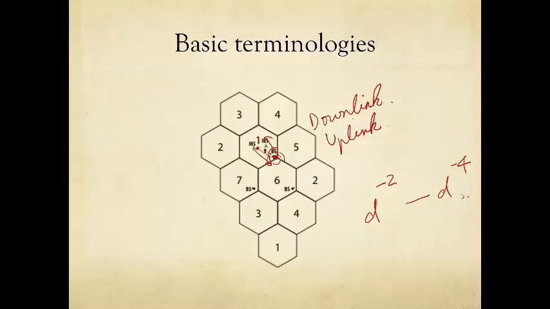Because of this attenuation, I can reuse the same frequency band, labeled 1, at a sufficiently far away distance. And this is what people call frequency reuse.